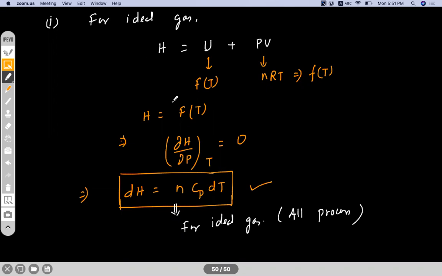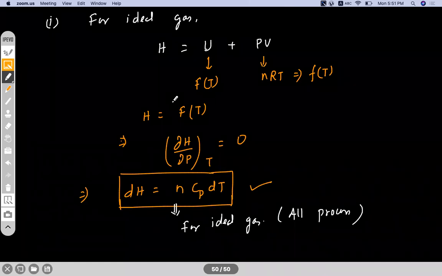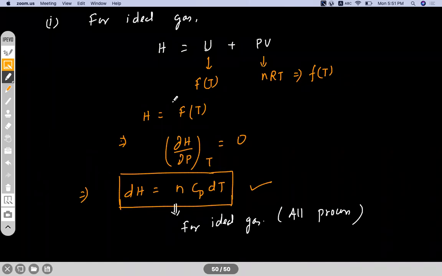Clear? Okay. If the pressure is constant, suppose it is given in the question, the pressure is constant, then obviously this expression would be 0.